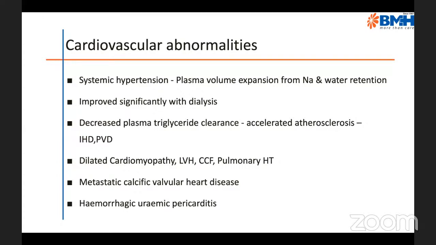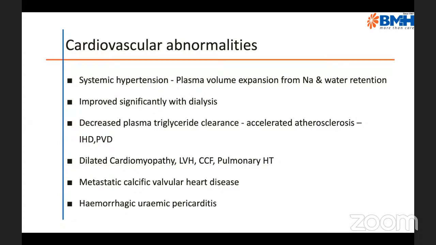There is also decreased plasma triglyceride clearance, which leads to accelerated atherosclerosis, which can produce both coronary and peripheral vascular disease, ischemic heart disease and peripheral vascular disease. There is also a high incidence of dilated cardiomyopathy, left ventricular hypertrophy, pulmonary hypertension, even congestive cardiac failure in patients with chronic renal failure.